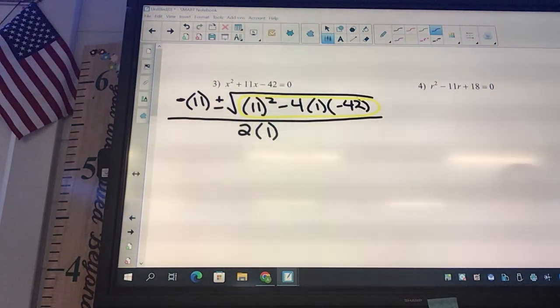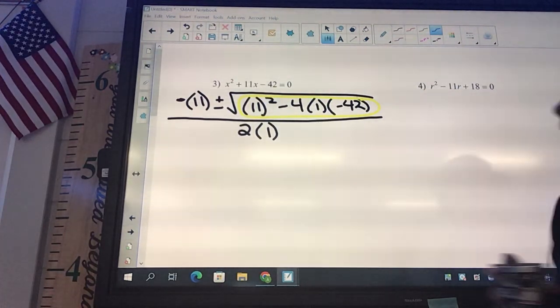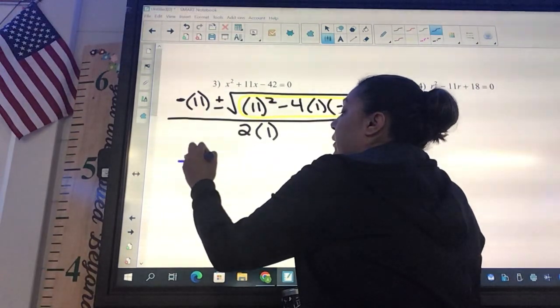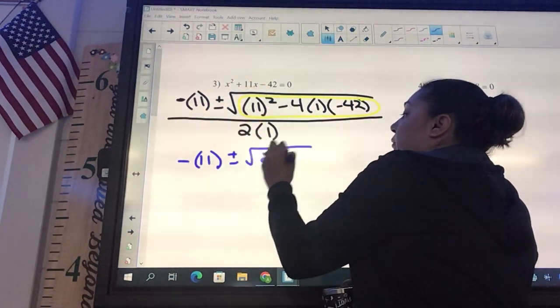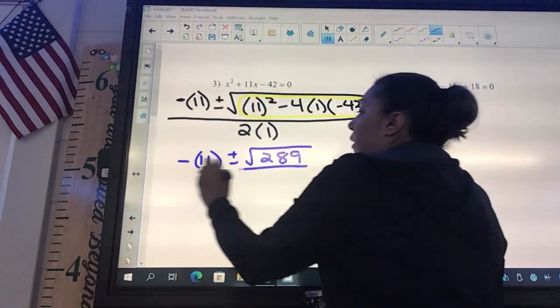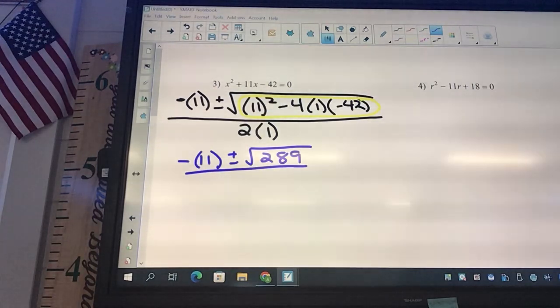Okay, what'd you guys get? 289? Okay, so we got negative 11 plus or minus the square root of 289 all over what? What are you going to get for that bottom? 2. 2 times 1 is 2.